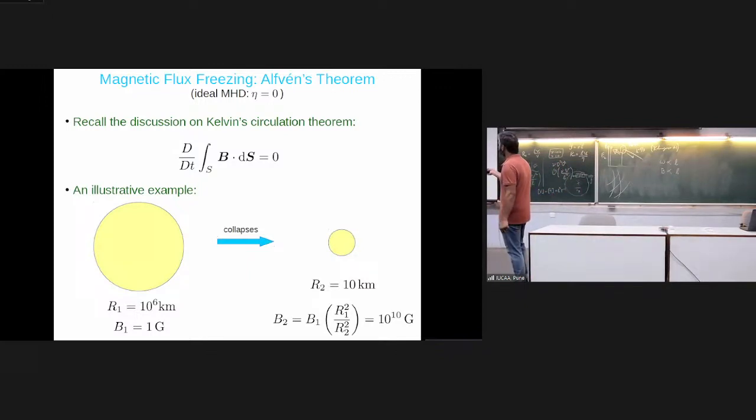So as a consequence, this must be zero. Suppose somebody asks you to explain the origin of a neutron star's magnetic field. The first guess could be to start from the sun, with about 1 Gauss. Neutron stars have 10 to the 14, 10 to the 15, at least 10 to the 12, that kind of magnetic field.